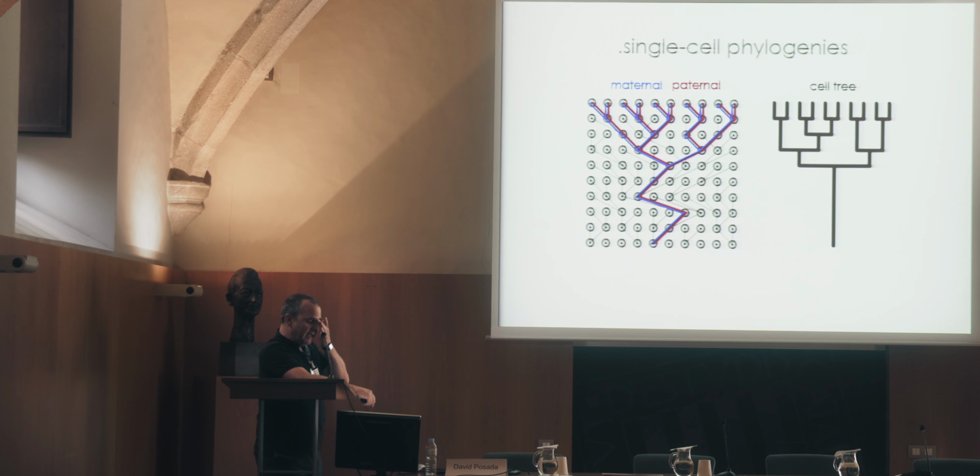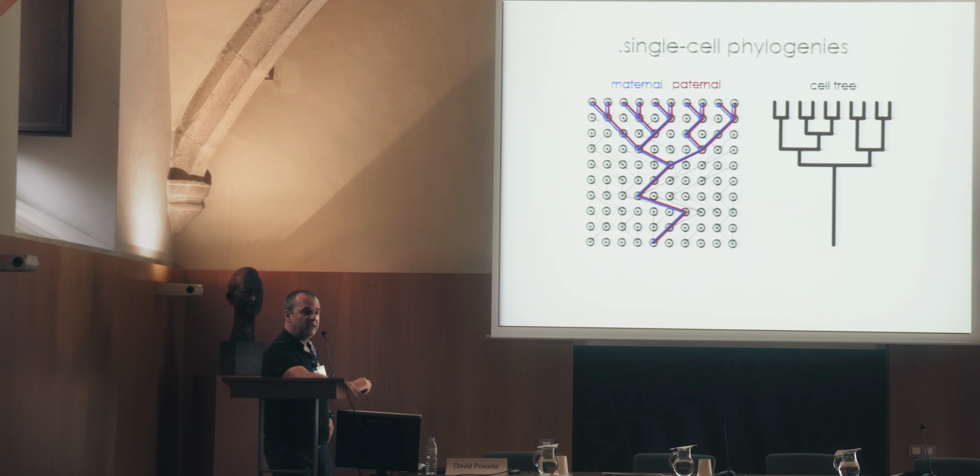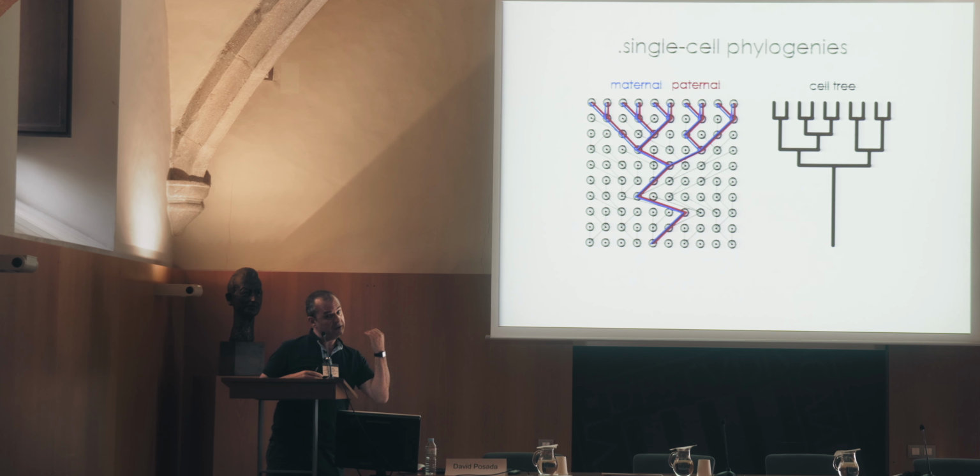So basically, the idea of our model is just to think that, well, if there is no recombination, the history of the maternal and paternal chromosomes is the same. Okay, when there is meiosis, instead, there is a segregation of chromosomes, and this will not be true again. But mitosis is an ordered process. It has to be perfect, right?